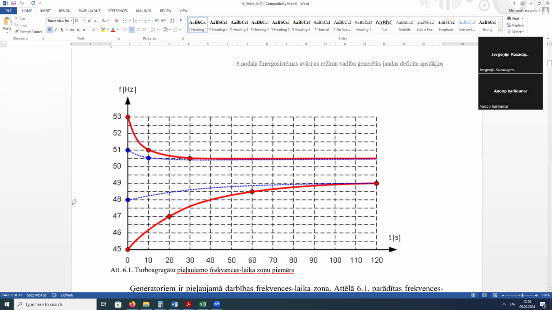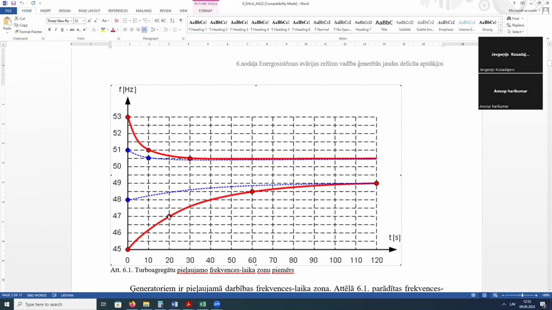The nominal for this generator is 50 hertz, here we have the frequency, here we have the time. And we can see that, for example, if we have a decreased frequency, 47 hertz, we have only 20 seconds of possible operation.